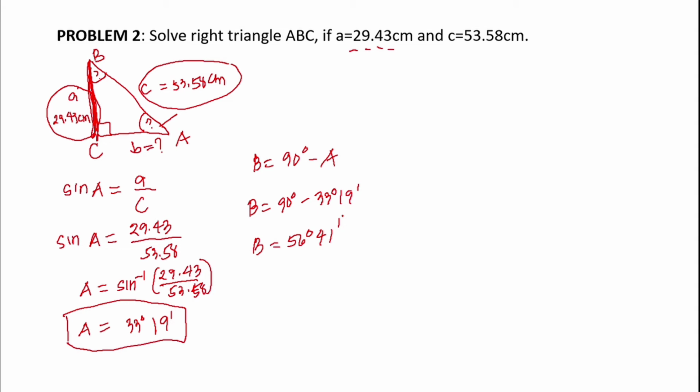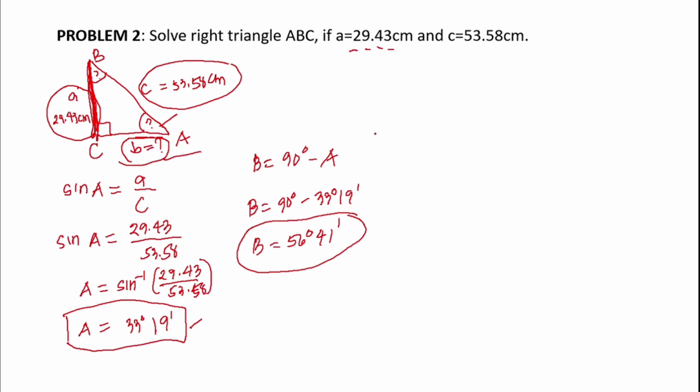To solve for side B here, since we have to make use of the given information, we will not make use of the angle as much as possible because this is derived from A and C. So we'll make use of the given information so that we could have the same answer as possible.